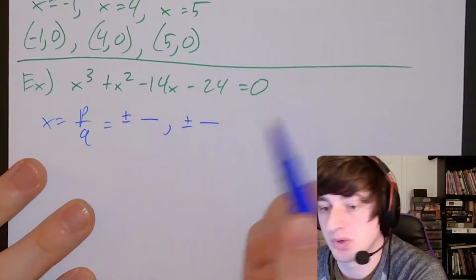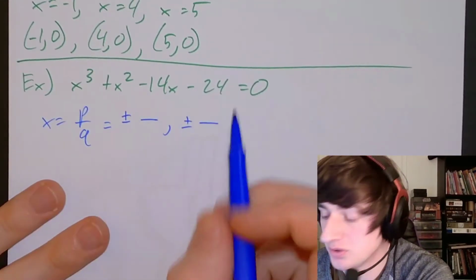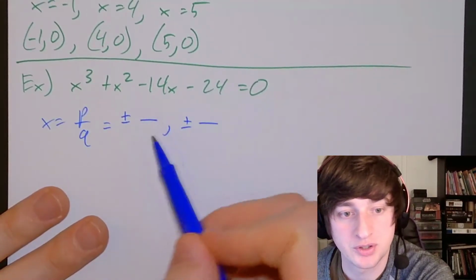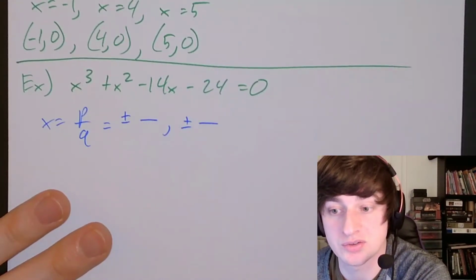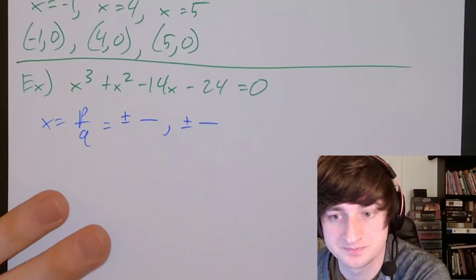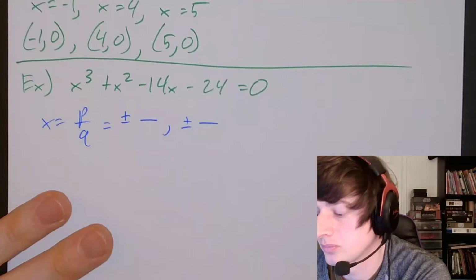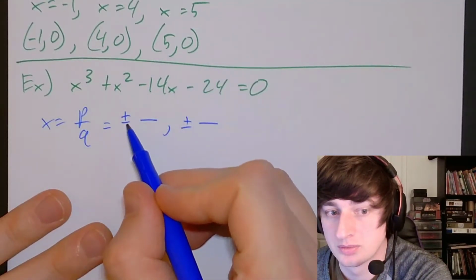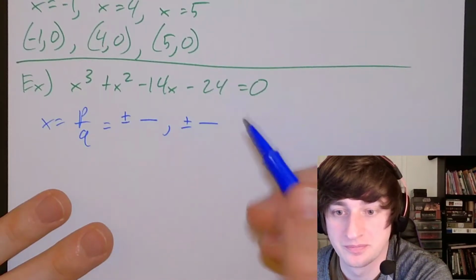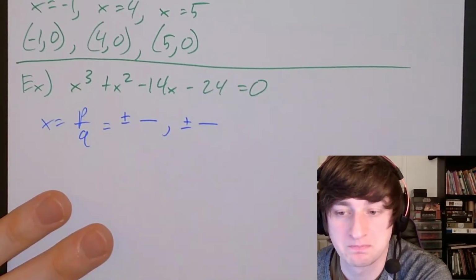You can go biggest to smallest either way, but if you use the smallest numbers for your checking synthetic division first, you'll come more quickly to the answers. Pause the video, write out your P and Qs, and then we're going to check them.